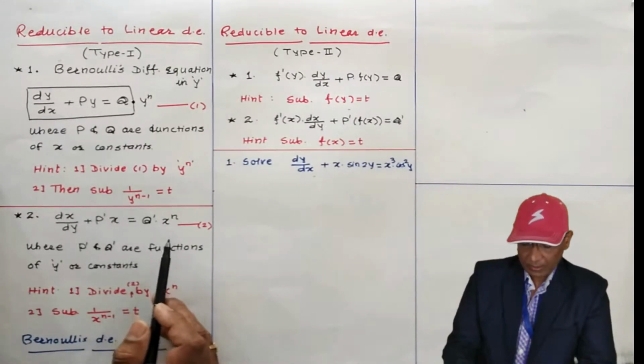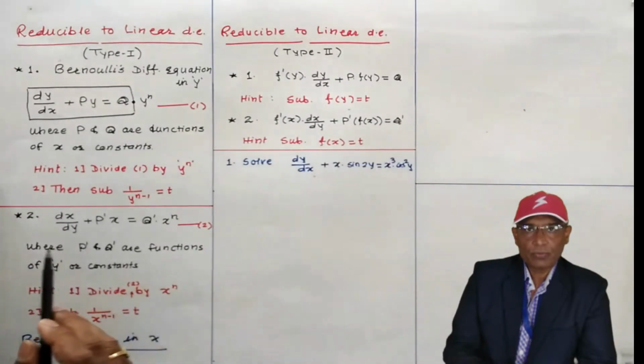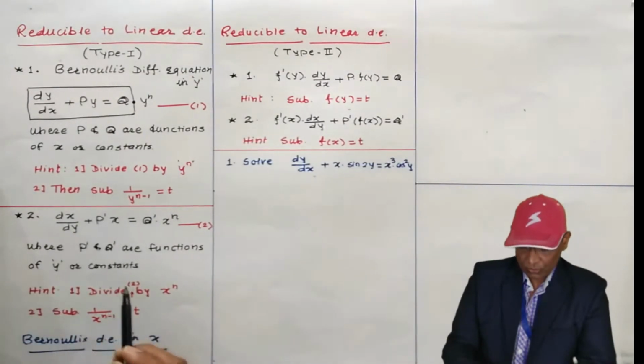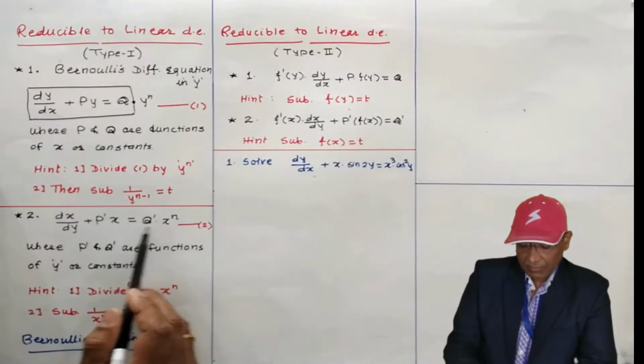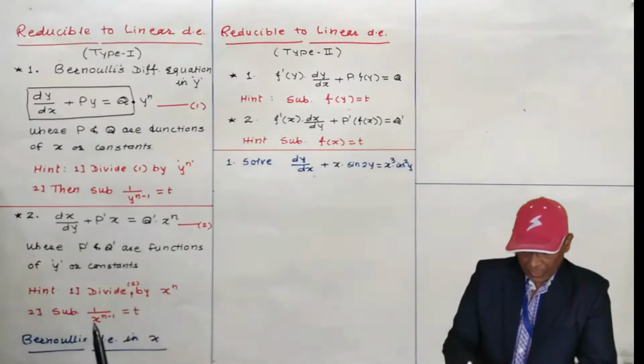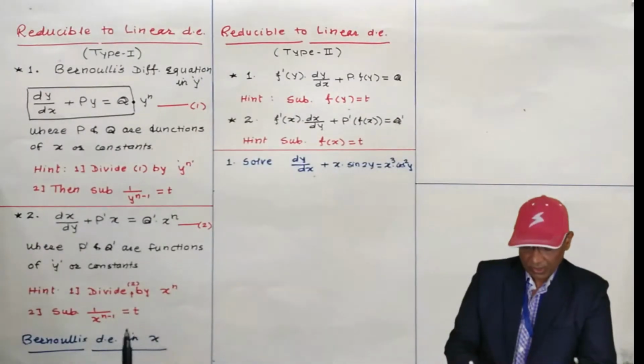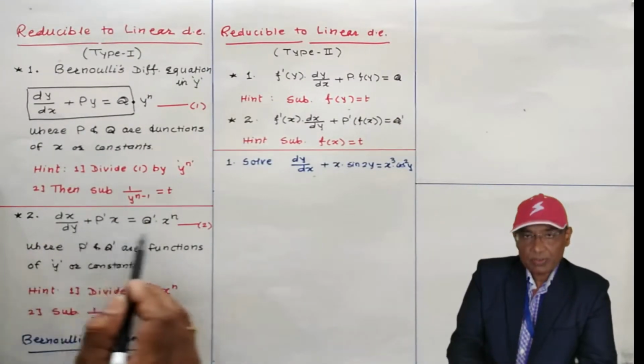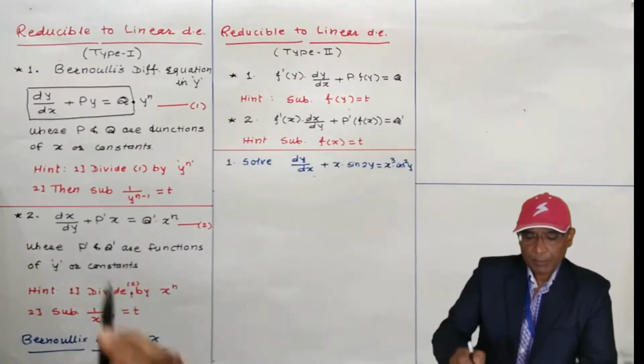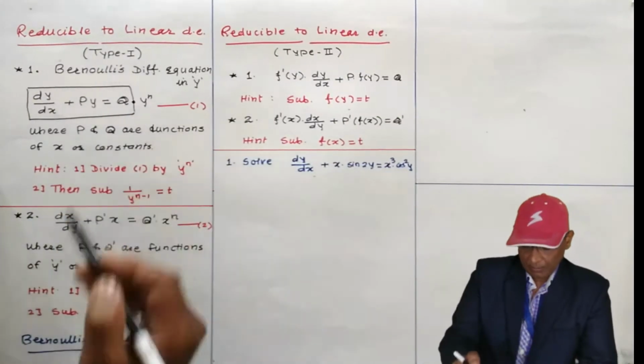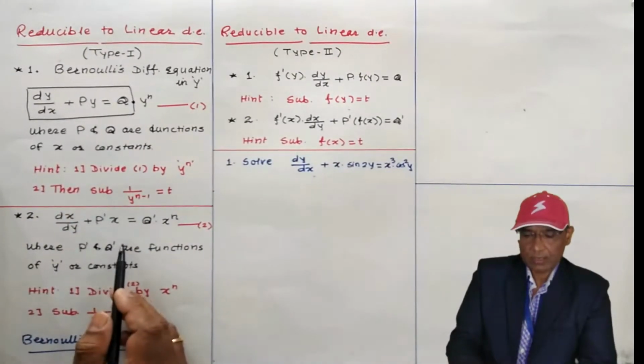On the right hand side, p' and q' are functions of y, that we have done previously also. So divide by x to the power n, then 1/x^(n-1) = t is to be substituted. So we call this Bernoulli's differential equation in x, and the earlier one Bernoulli's differential equation in y.